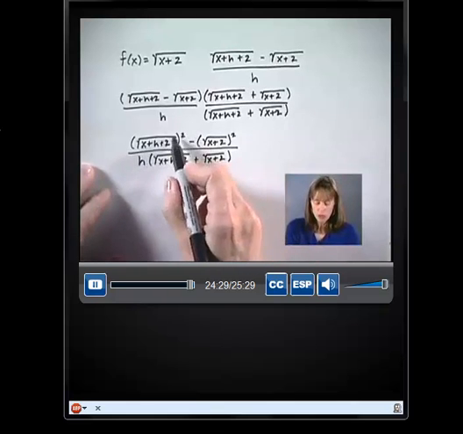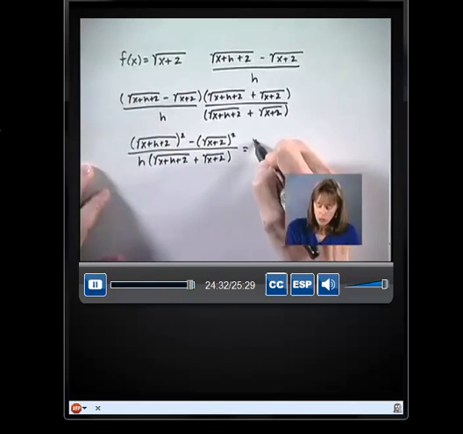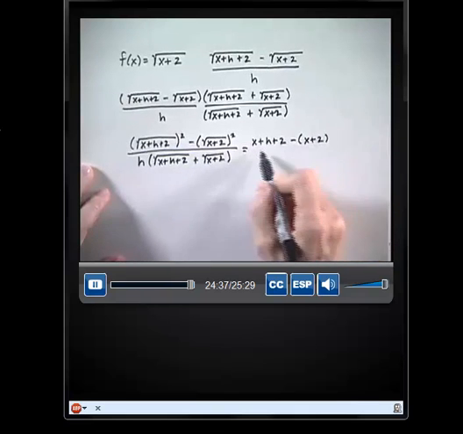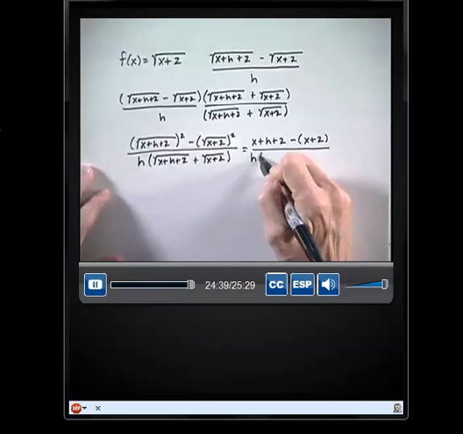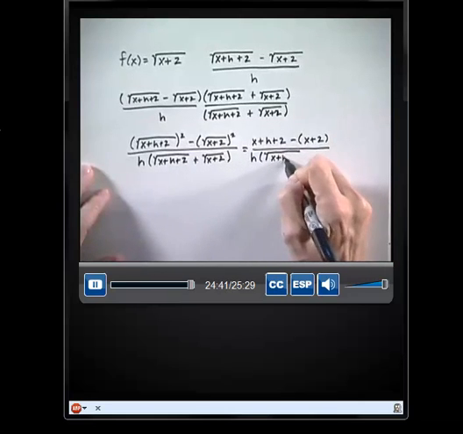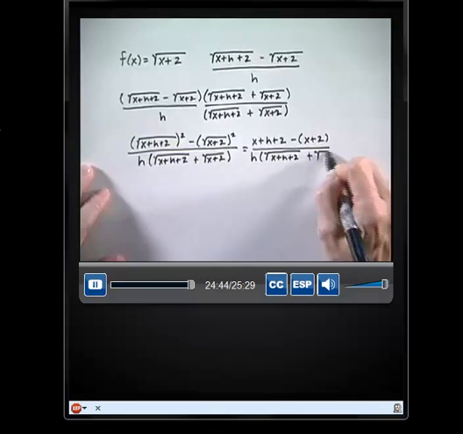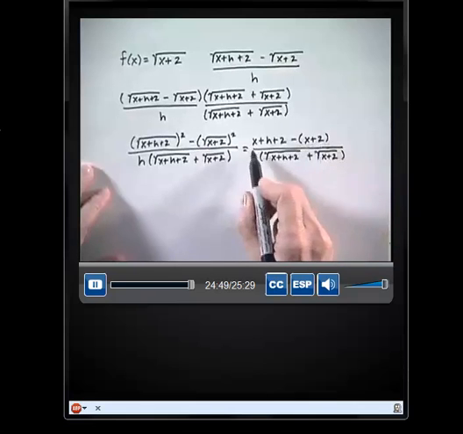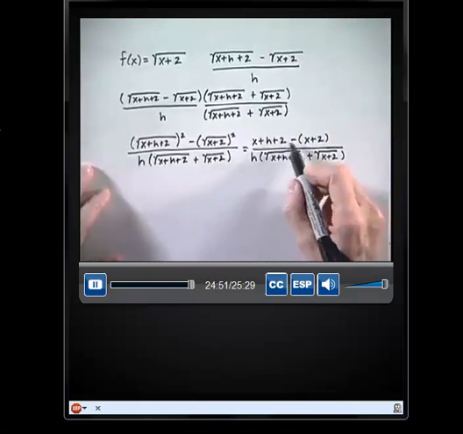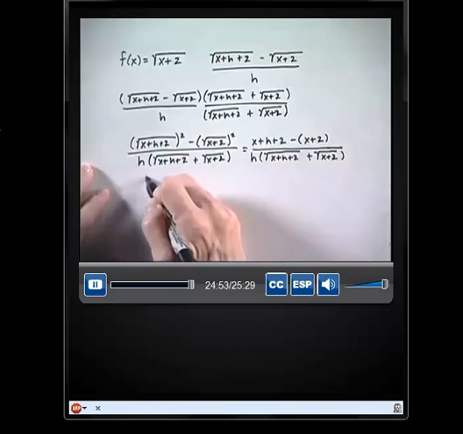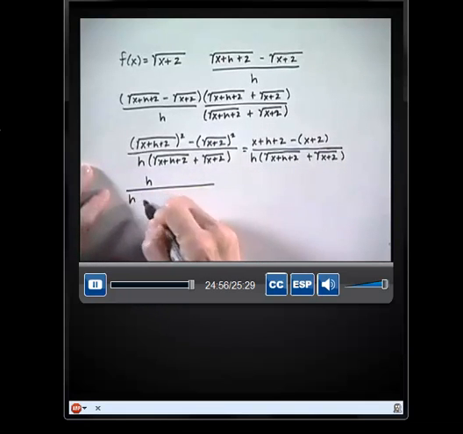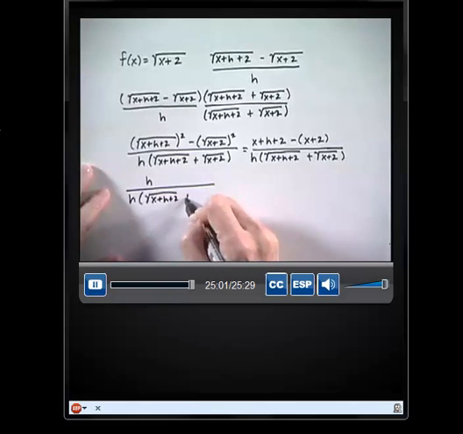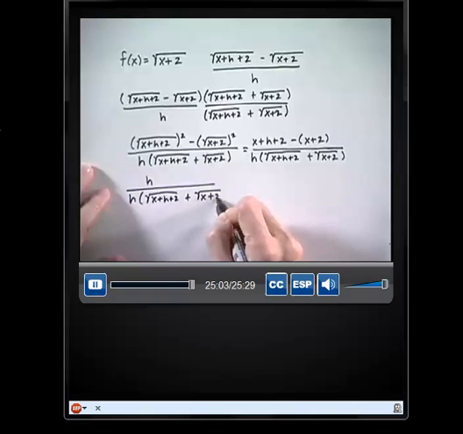Back to the numerator, squaring a square root undoes the square root, so I end up with x plus h plus 2 minus the quantity x plus 2 all over the same denominator. And if I distribute the negative, I can see that the x's will add to 0, and 2 minus 2 is 0, so I'll end up with h in the numerator over h times the square root of x plus h plus 2 plus square root of x plus 2.